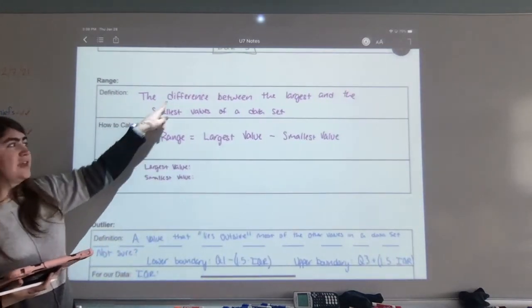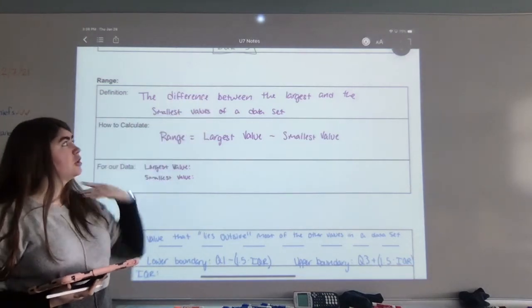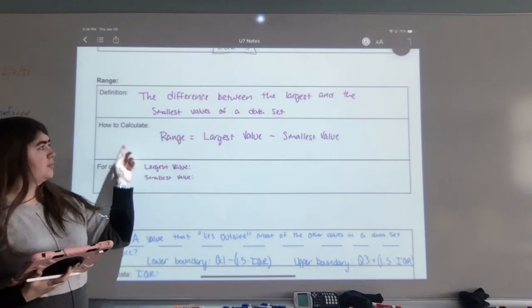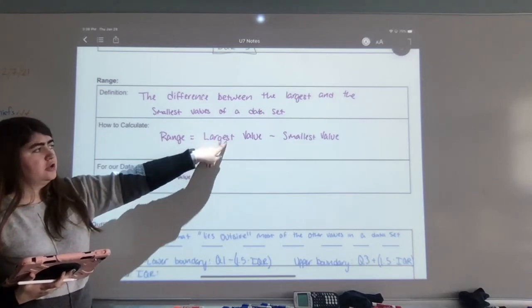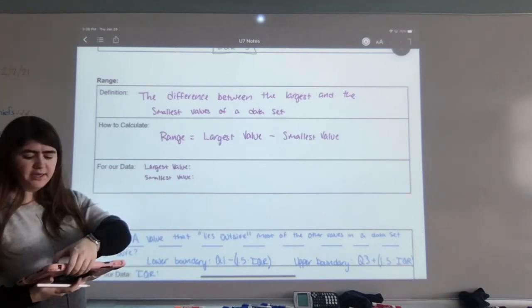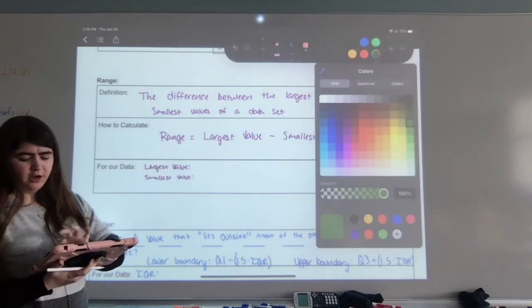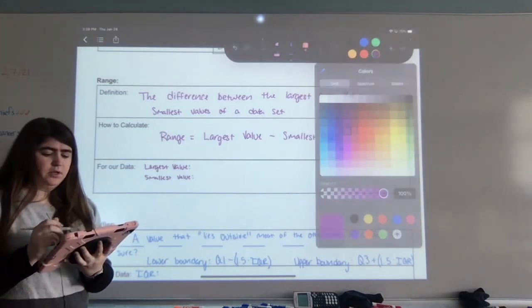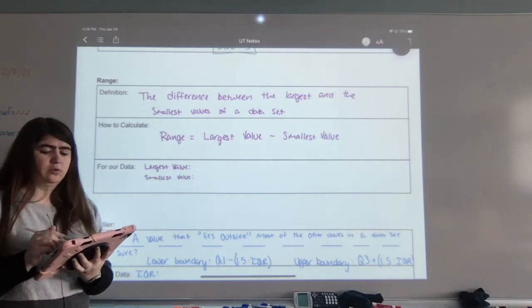The range is the difference between the largest and smallest values of a data set. In other words, the range is the largest value minus the smallest value. So we're going to need to go back to our data set one more time, and find our largest value and our smallest value, and then we'll use that to calculate our total range.